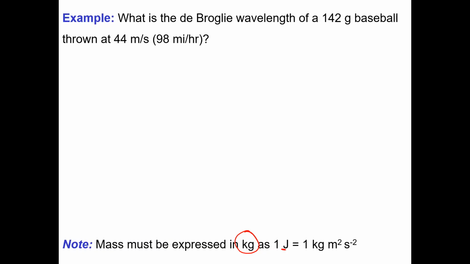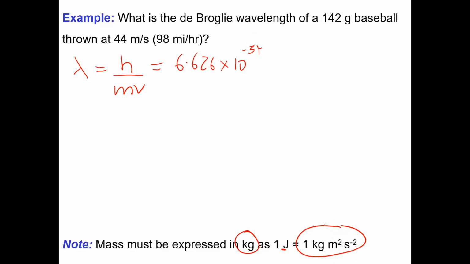So let's go ahead and write our formula out. Wavelength is equal to Planck's constant divided by mass times velocity. So Planck's constant, 6.626 times 10 to the negative 34. And rather than writing joule seconds, I'm going to write it out with the full base units, if you will.